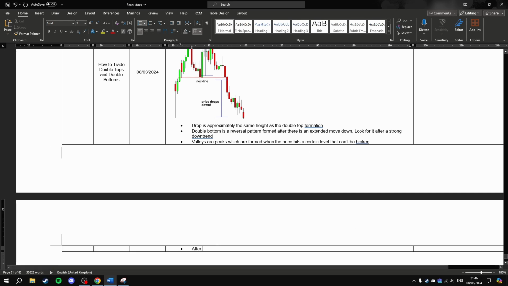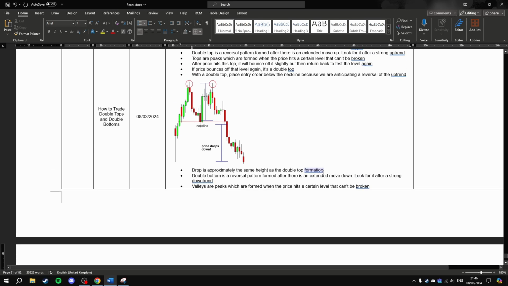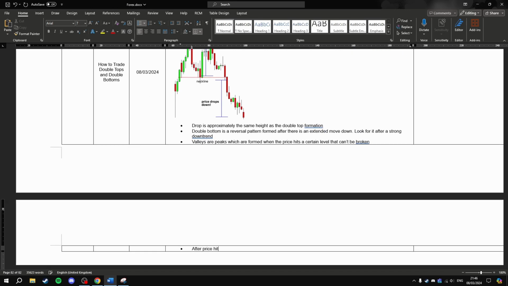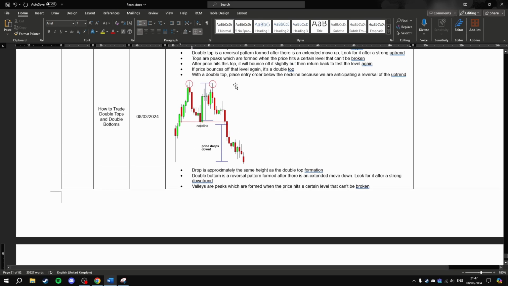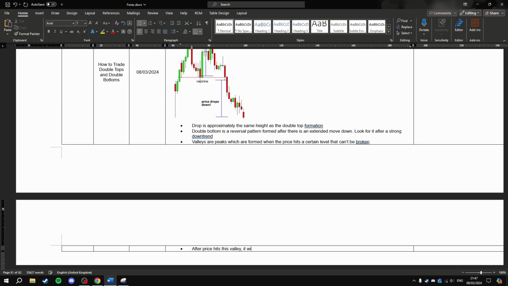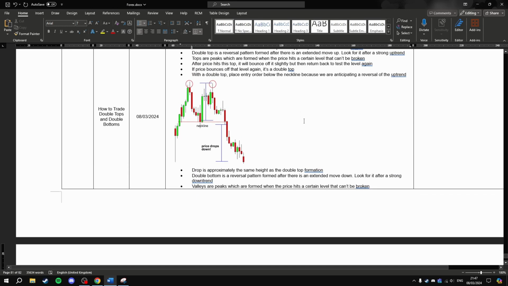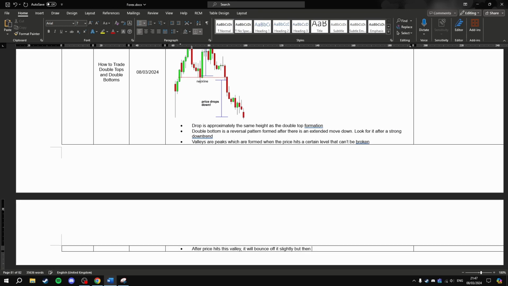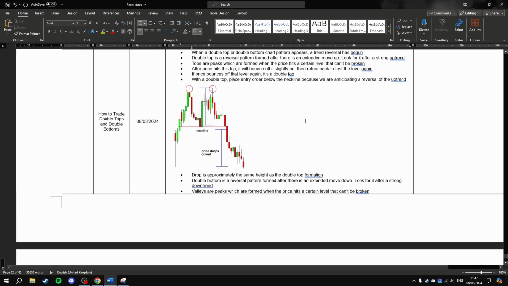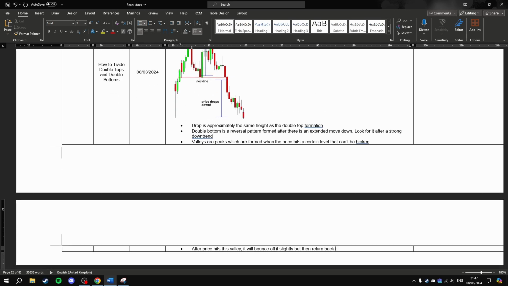After price hits this valley, it will bounce off it slightly, but then return back to test the level again.